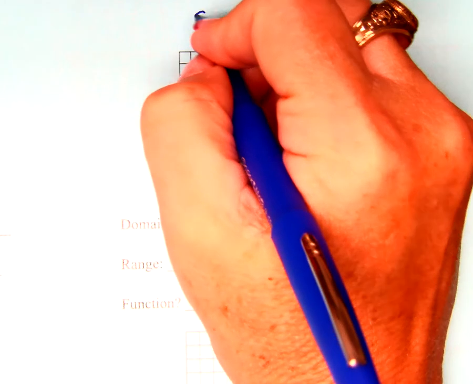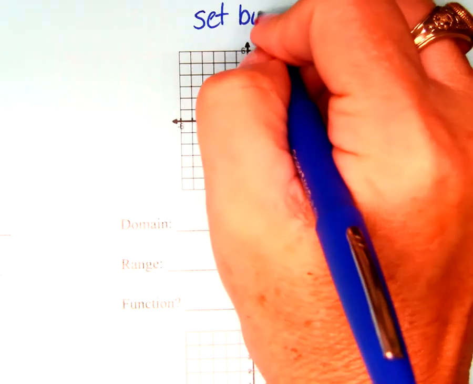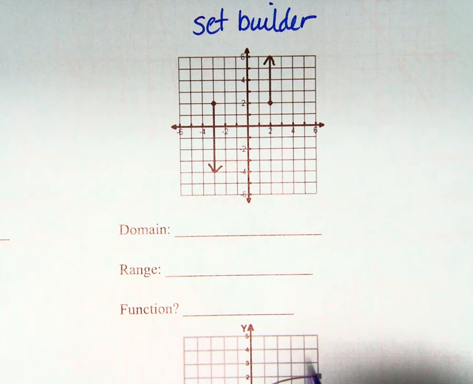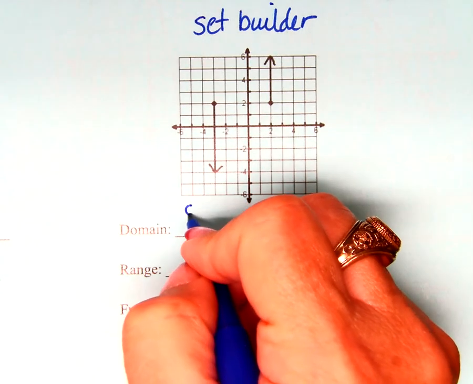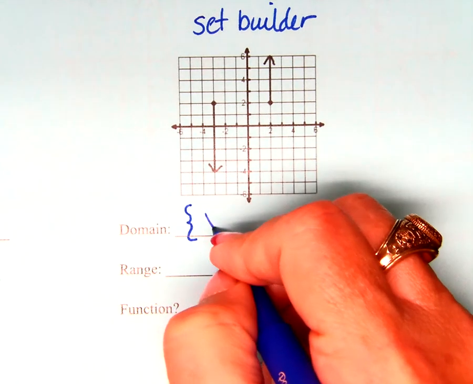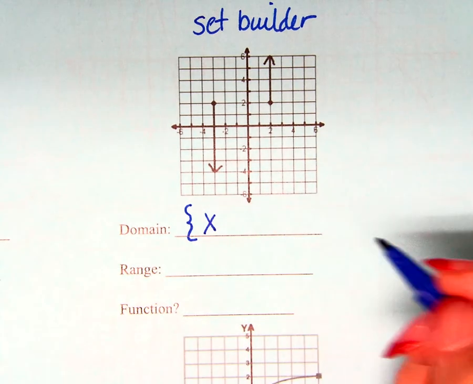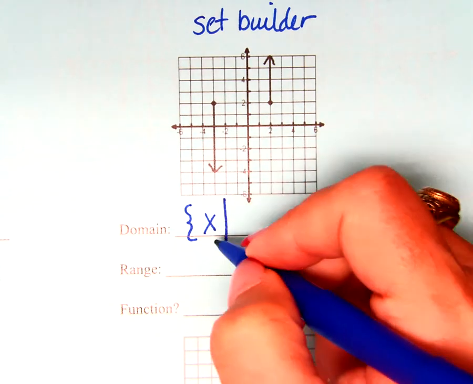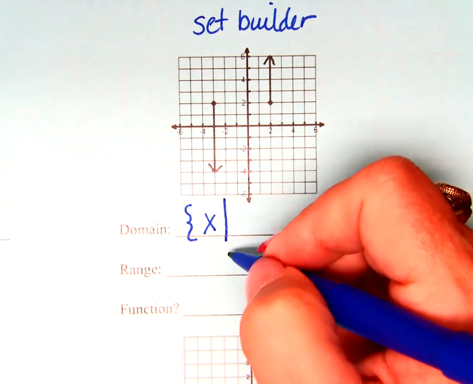So, let's say set builder. Set builder notation. Here's how we have to do set builder notation. We have to use one of these pretty braces. Well, you don't have to whoa me. I'm not a horse. We're talking about domain, so we tell our reader we're talking about x's. Not any specific x or any general x, but this is a vertical line.